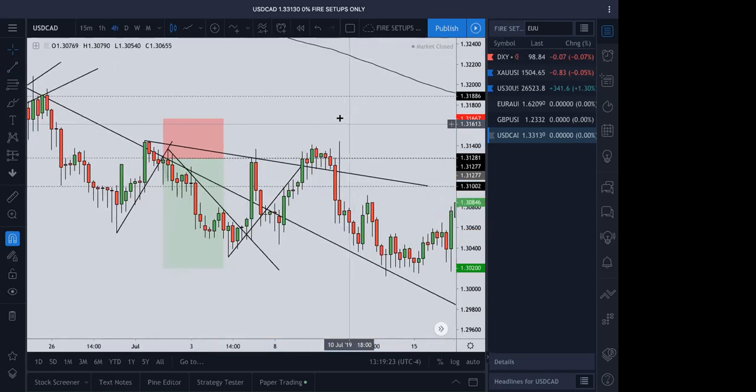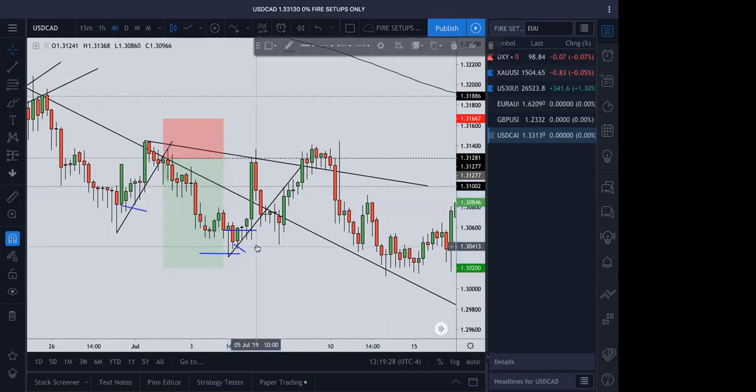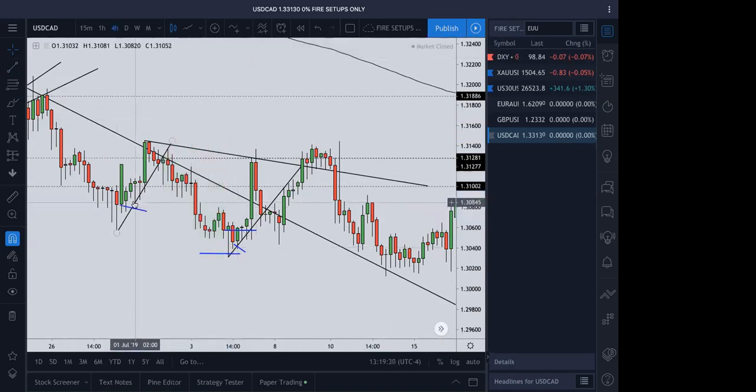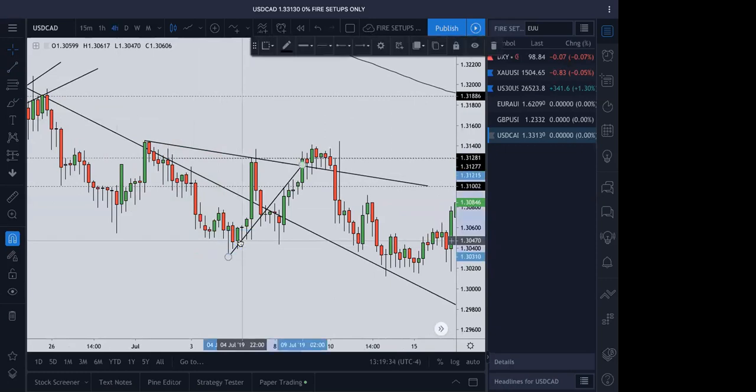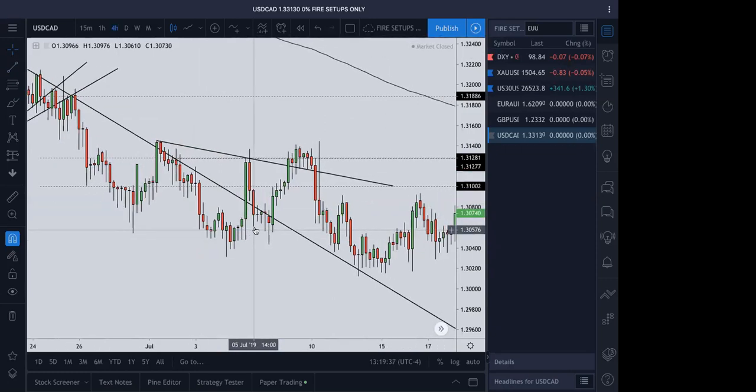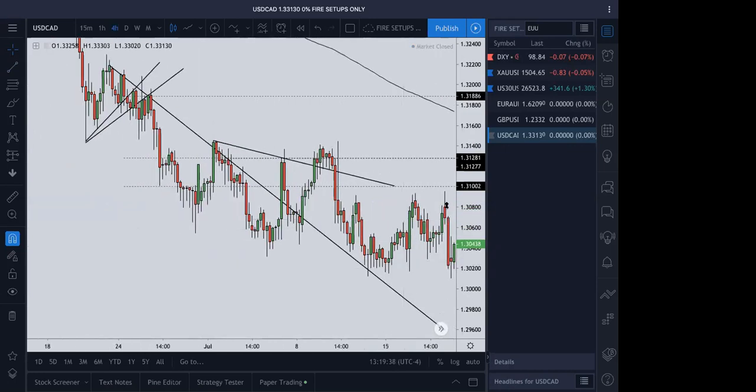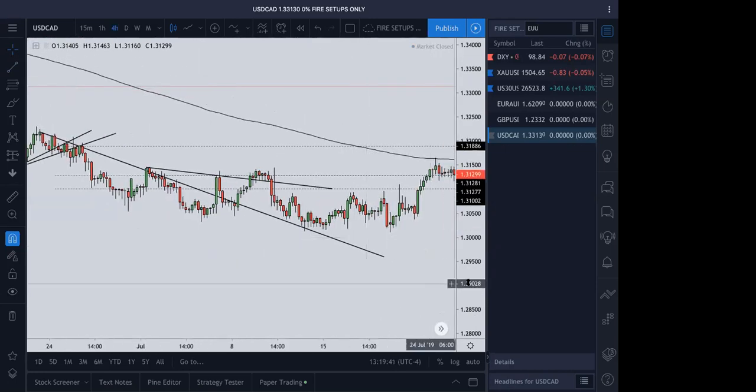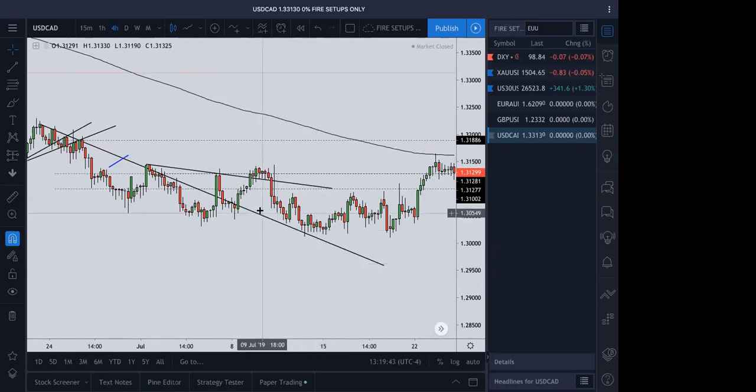Okay, let's delete the other things. Okay, what you need to do now? Let's delete the big trend line because it's got too much body.